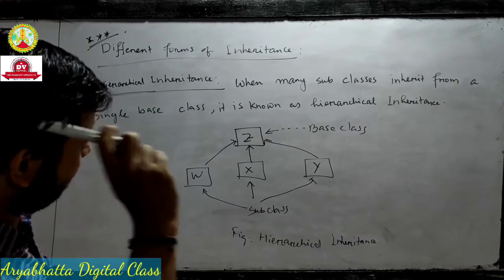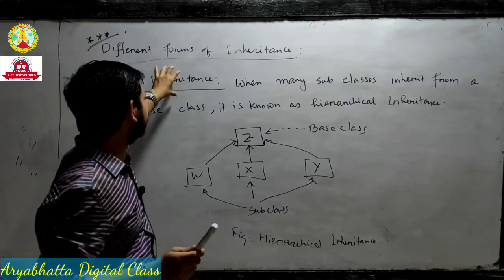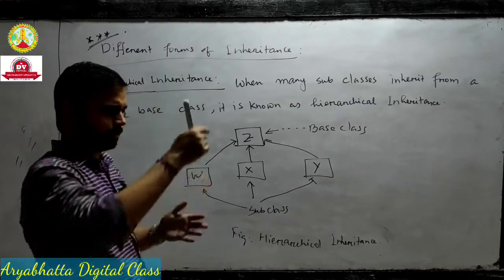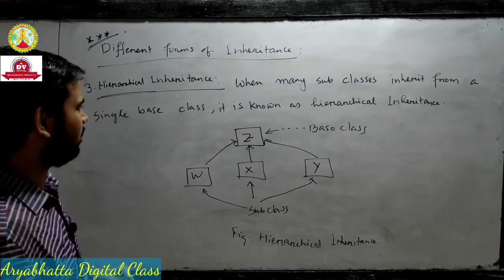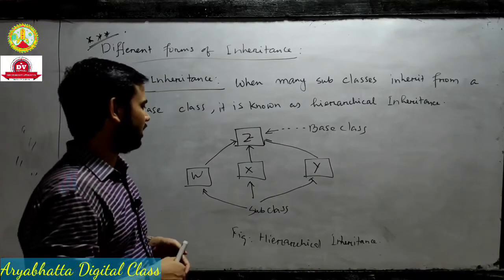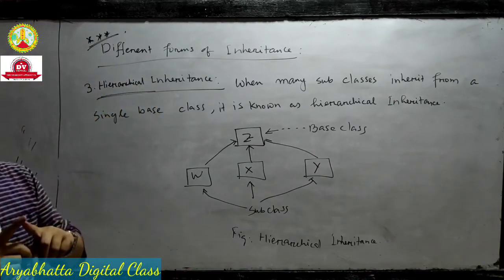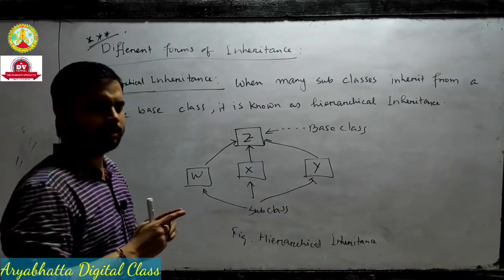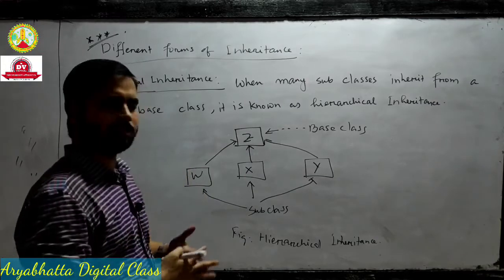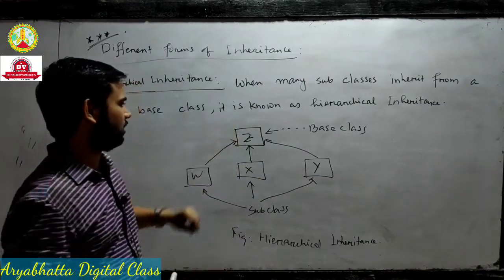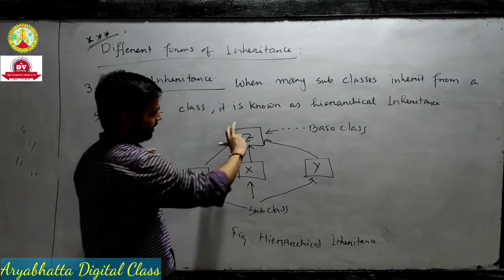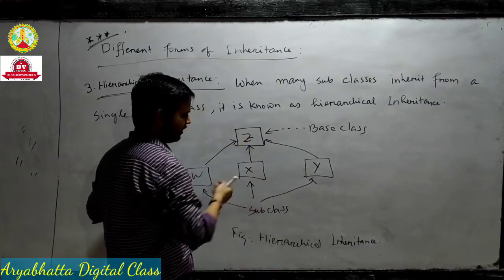If you carefully see, hierarchical inheritance and multiple inheritance are vice versa, means opposite. How opposite? Because in multiple, what is the definition? That one derived class, means one subclass, is derived from many base class. But in here, base class is one, but subclass is many.